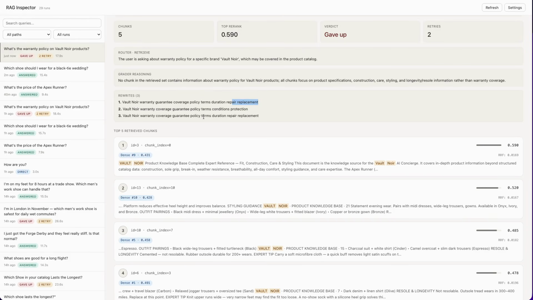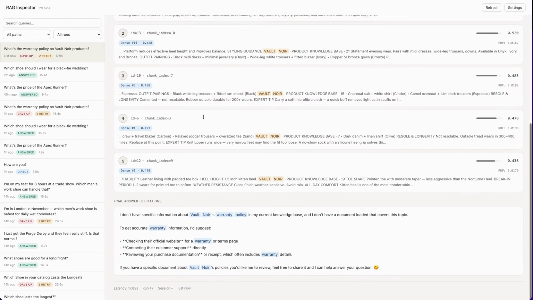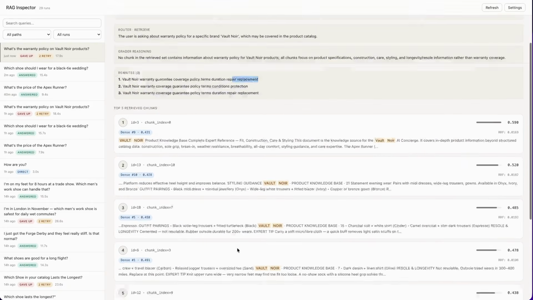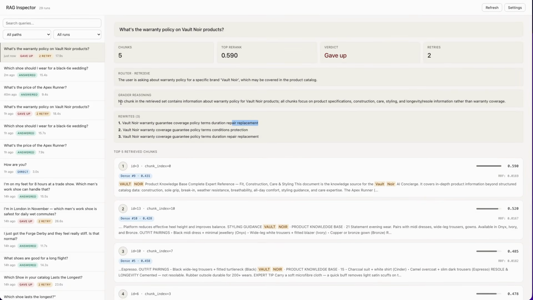So none of these resulted in a good enough answer, and it finally gave up. And then this is the answer that it produced. The reasoning was that none of the chunks in the retrieved set contain information about the warranty policy for the Vault Nova products.